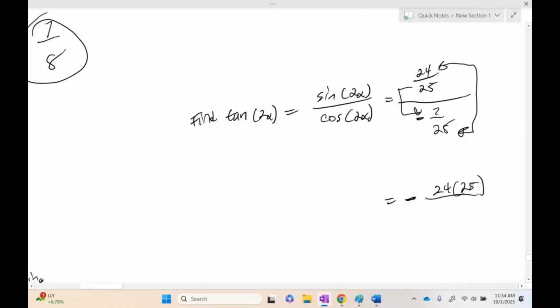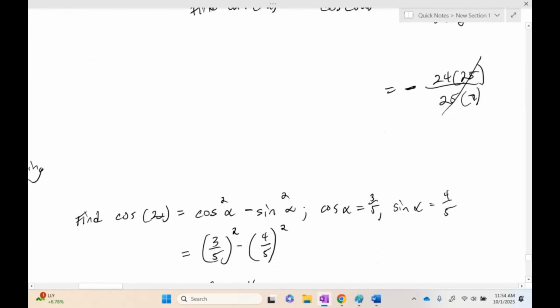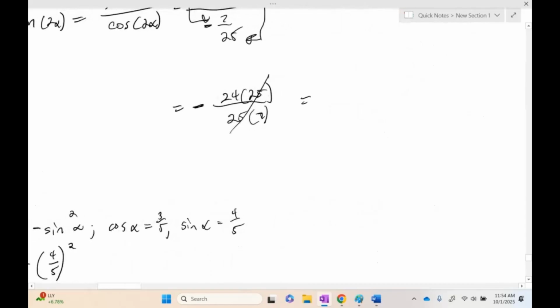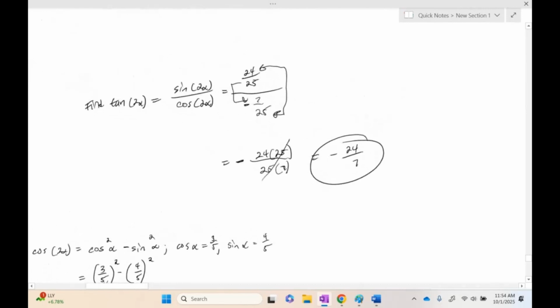So I'm just going to write it out in a factor form, 25 times 7. And the reason why I'm writing them out in factor forms is because you will get some cancellation. So we have -24 over 7 is the double angle for tangent, which is the simplest version of this formula to use.